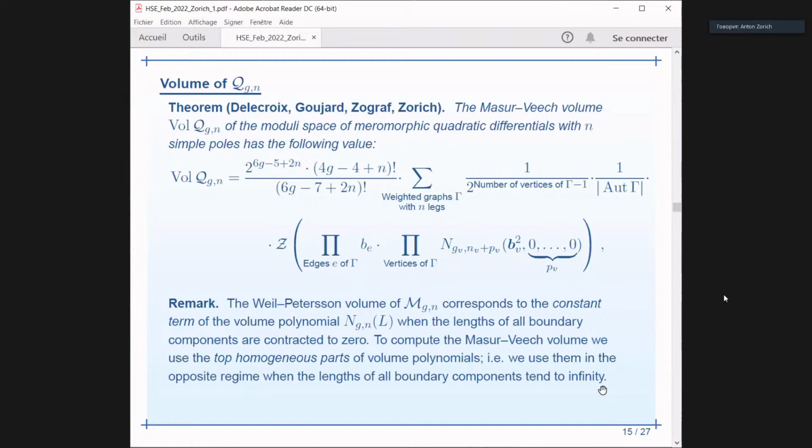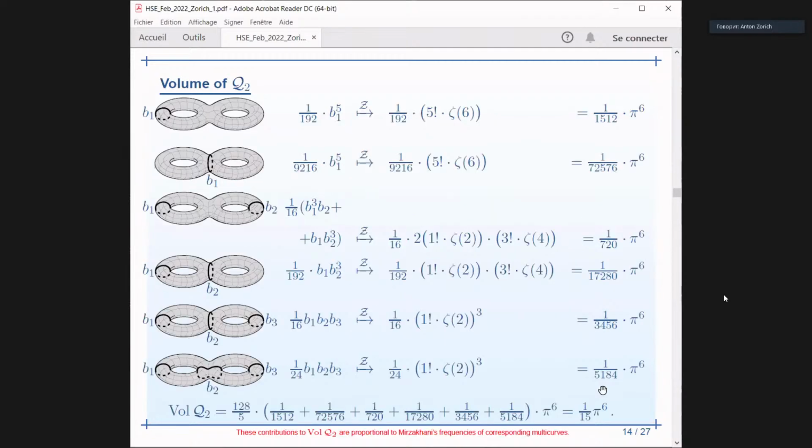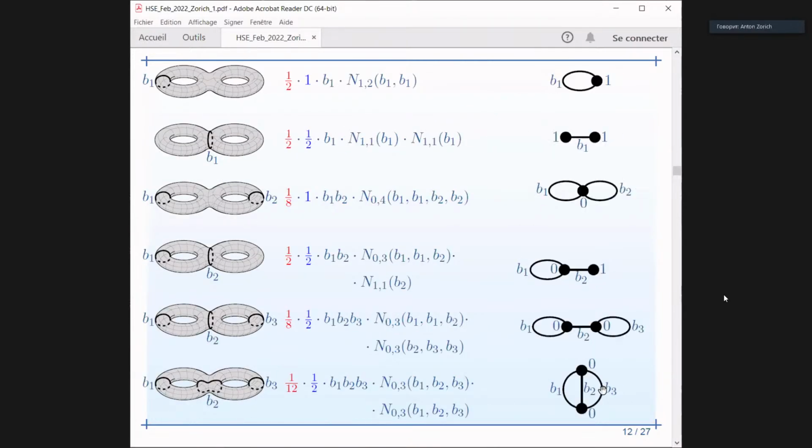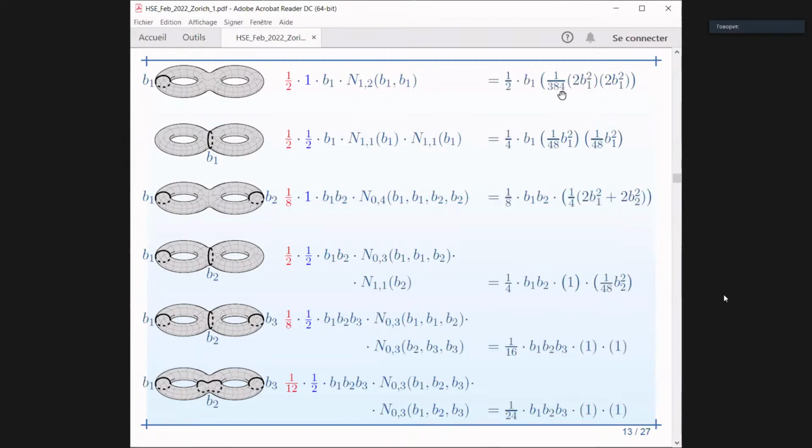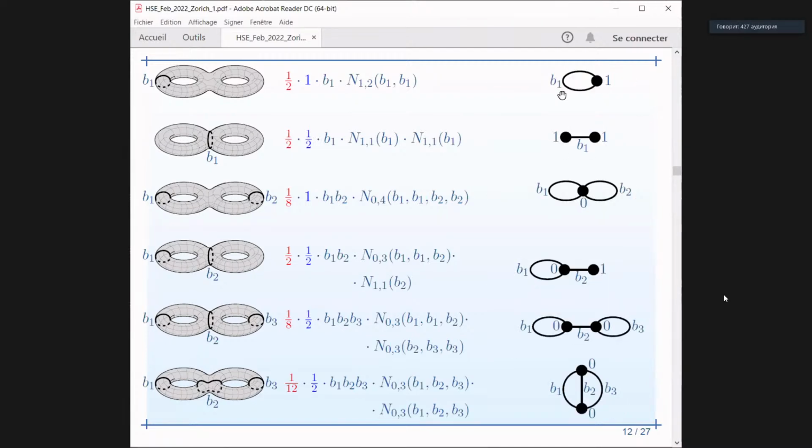Yeah, you are right. So here I have this number 1, which is the genus, absolutely. And yes, to every edge we associate this letter b. I apologize, I was somehow a little bit brief.